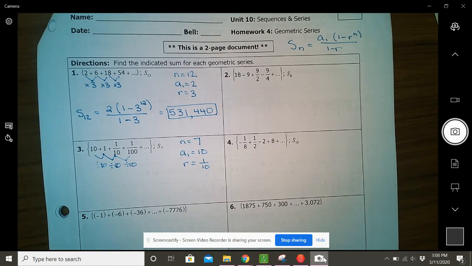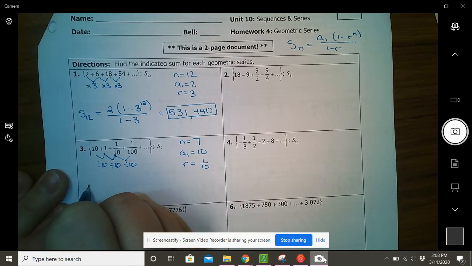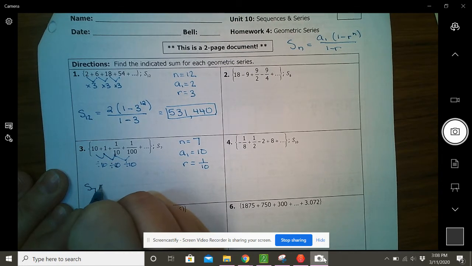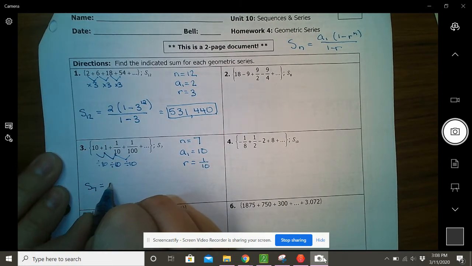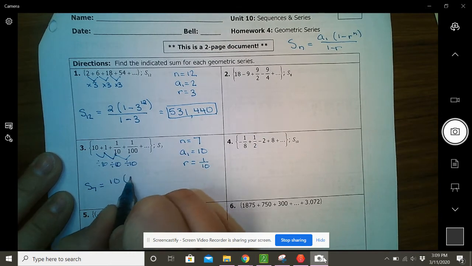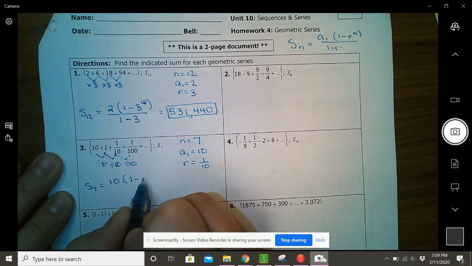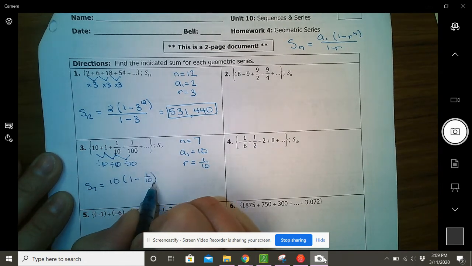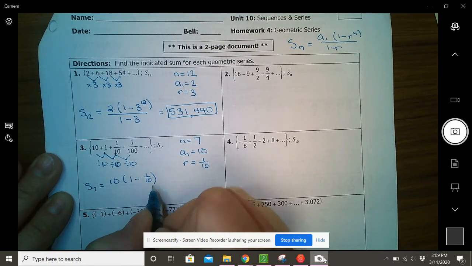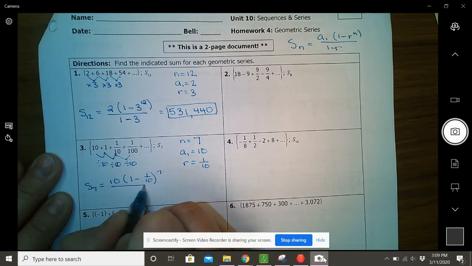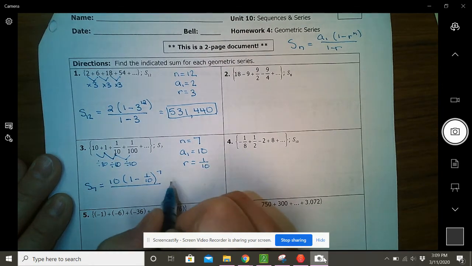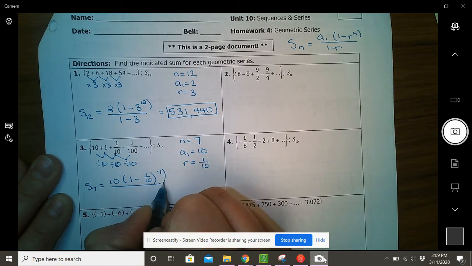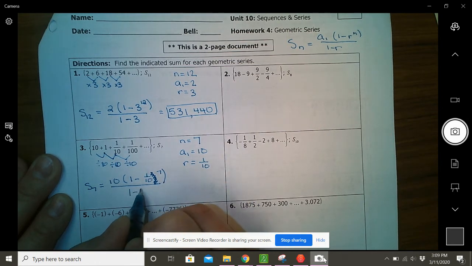Okay, so now I'm ready to plug everything in. The series of 7 terms here is going to be 10 times 1 minus 1/10 to the power of 7 all over... Oh, I need to put my parentheses out here. 1 minus 1/10.